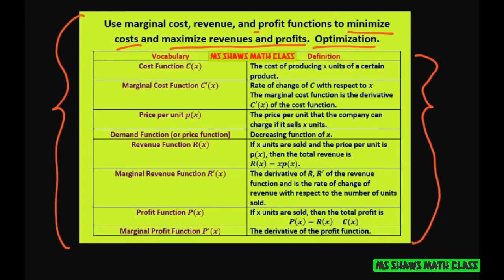This will help you with your optimization problems when it comes to applications to business and economics. We already used the cost function in earlier videos, and also the marginal cost function. So we're starting to add this to what we already knew.